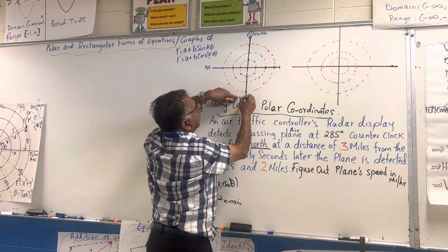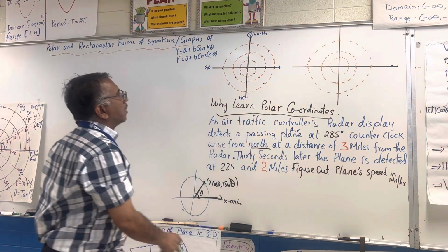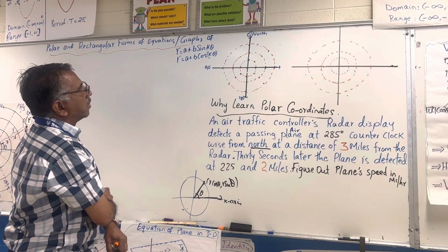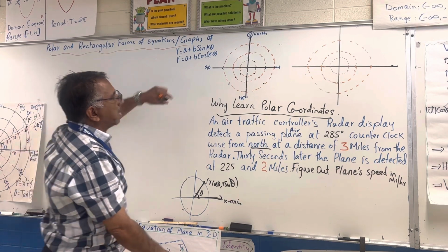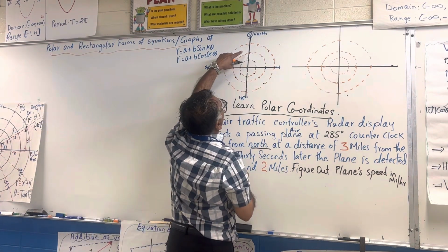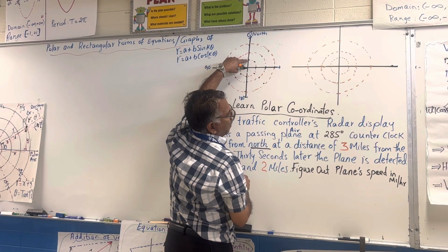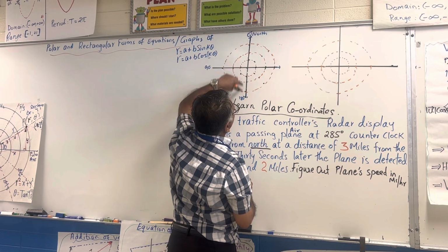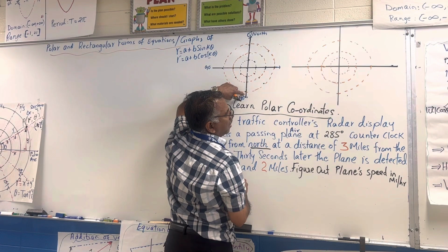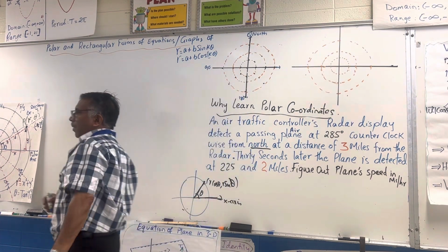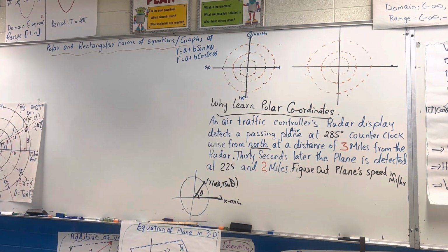So you can add 180, so this will be 285 from here. Did I copy it right? Let me check the question and whether I copied it correctly. 285, 3 miles.